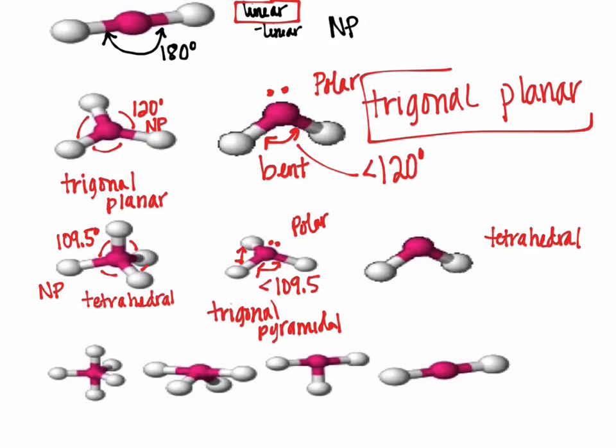So then the next one in the tetrahedral family is where we've lost two of these bonds. So now we have two lone pairs of electrons. The angle gets even smaller.